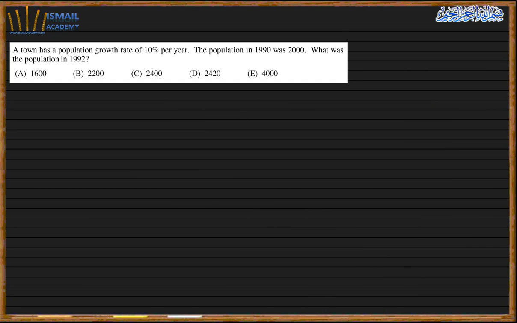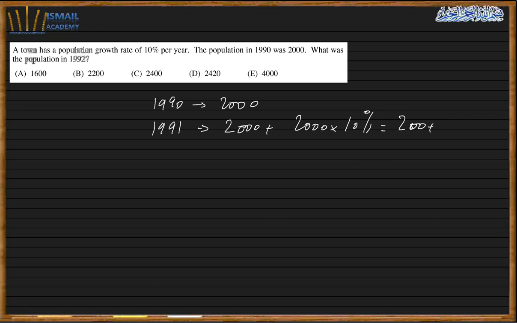Alright, population growth rate 10%, 2000. That means in 1991 it will be what? 2000 plus 2000 times 10%, because this is how much it grows. So I will have 2000 plus 200, which is 2200.